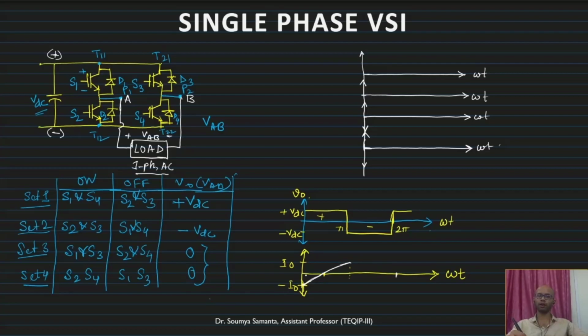If there is no initial condition, it will start from here, this way. This will be the minus I naught. So this will be the waveform we will get in case of RL load.